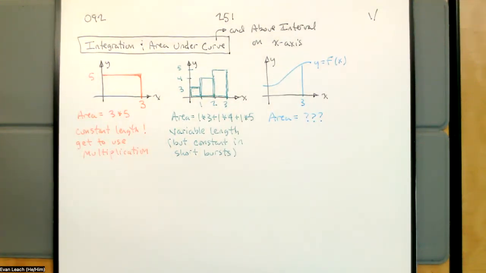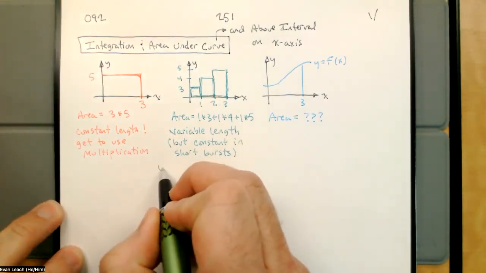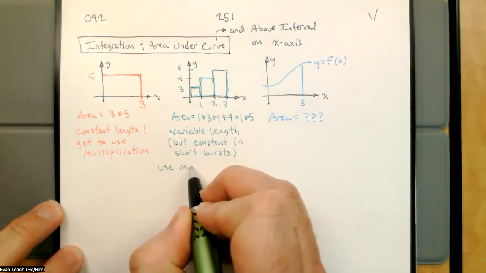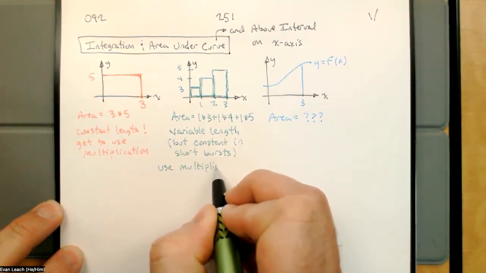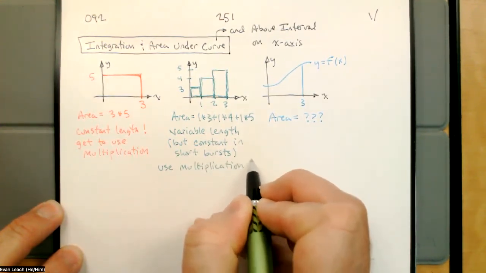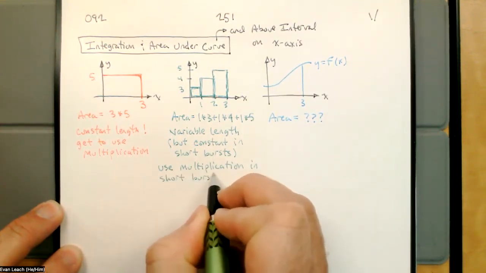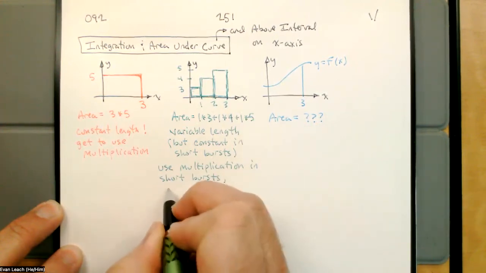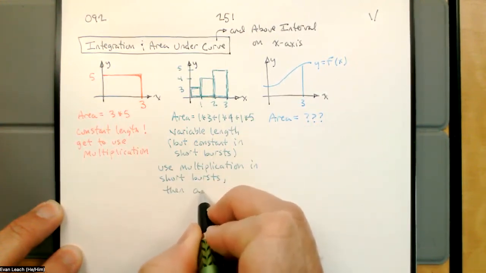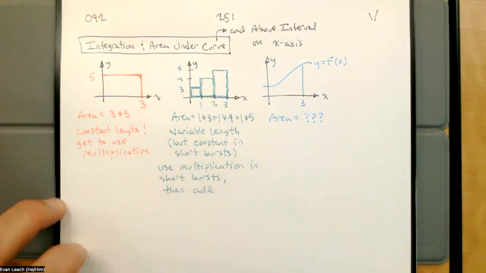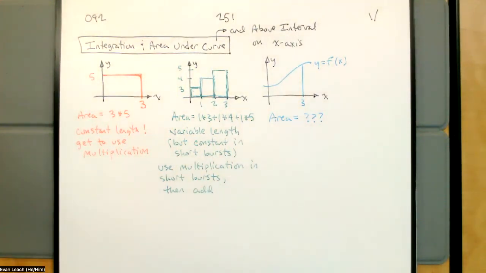So in this case, we get to use multiplication in short bursts, then we have to add. We use multiplication in short bursts, then use addition.